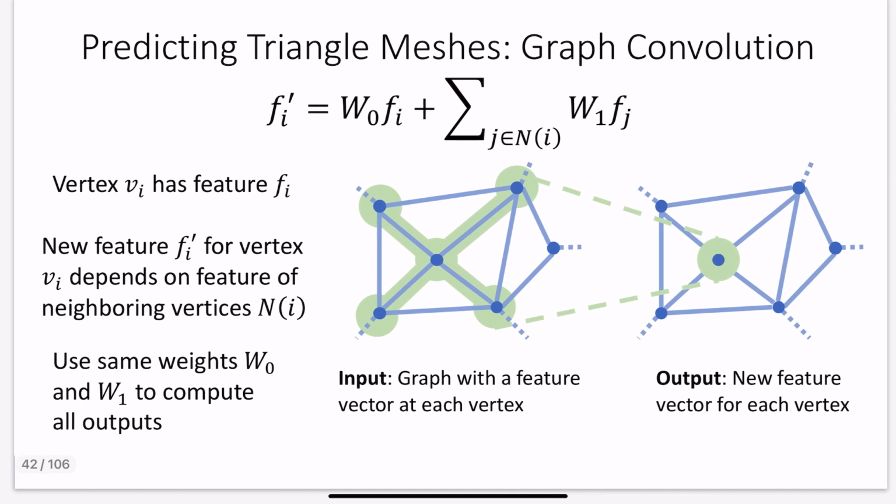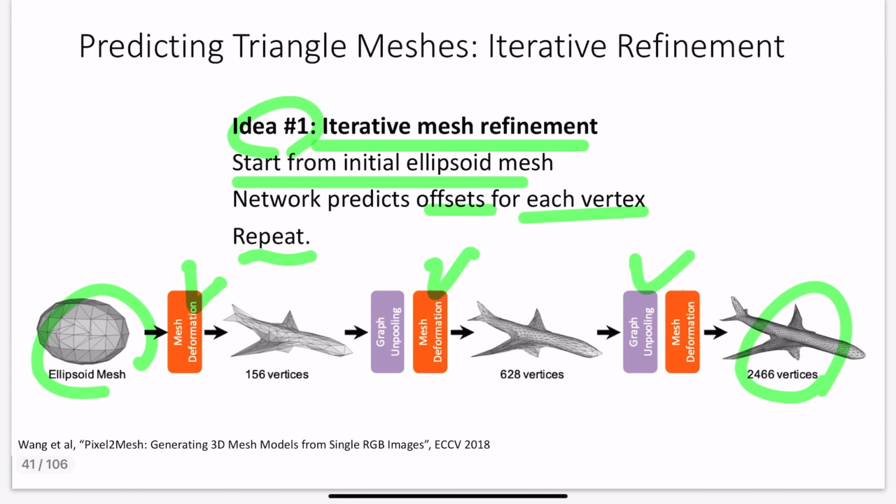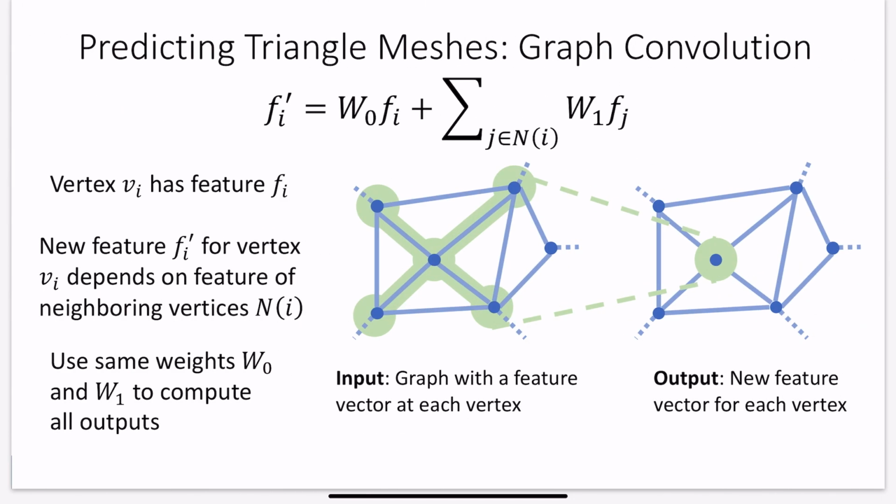And one more thing is that for each mesh deformation, they use the graph convolution. Let me keep an eye on this slide and go over the high-level idea of this graph convolution network.